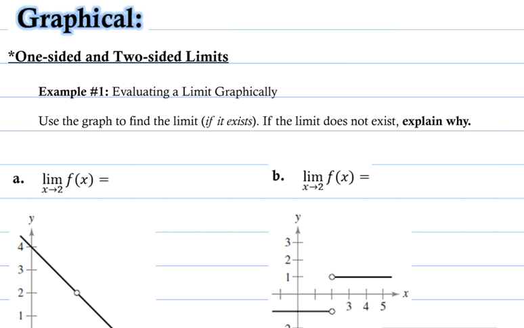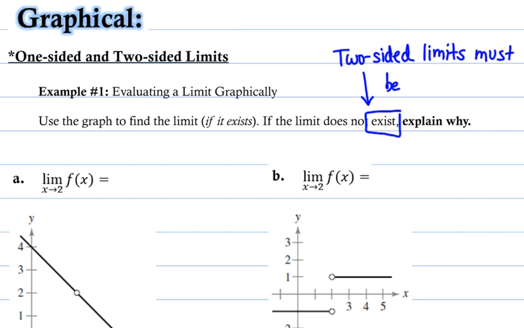Now, limits have to exist, and in order for them to exist, the two-sided limits must be equal or equivalent or the same. If they're not, then the limit does not exist.